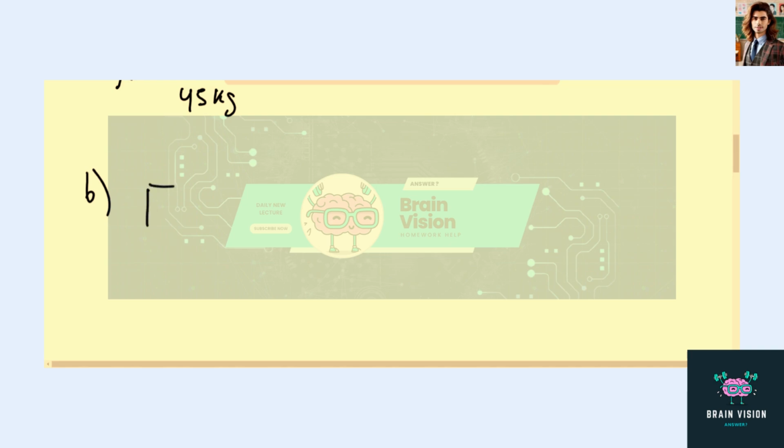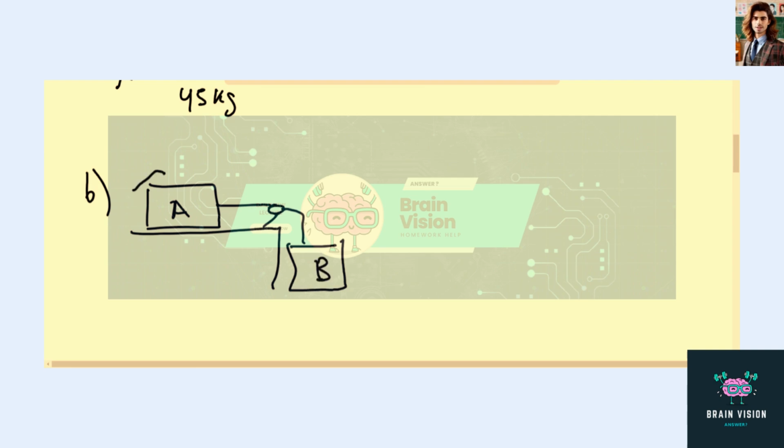So we have the same setup, block A attached to block B, but now we have a cat sleeping on it. We're just going to try to draw a cat, something like this.